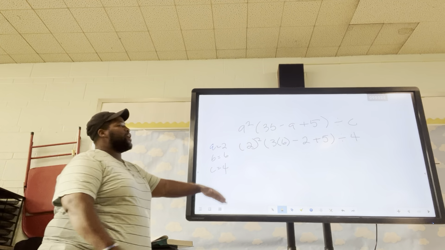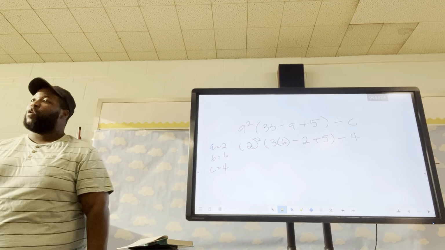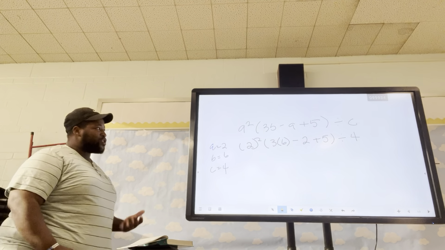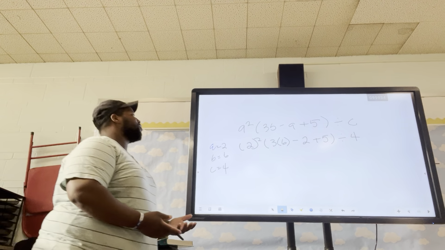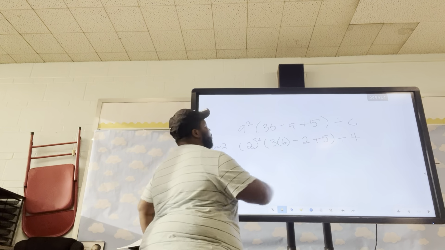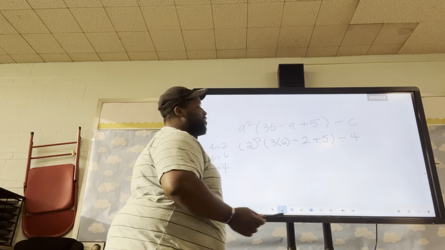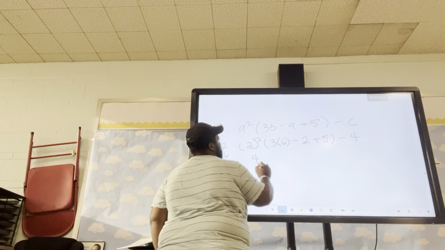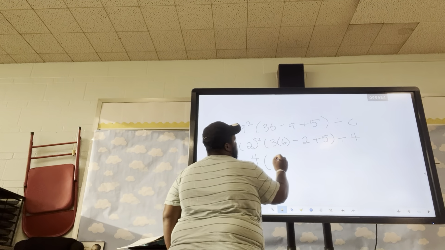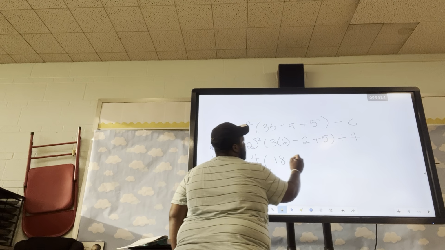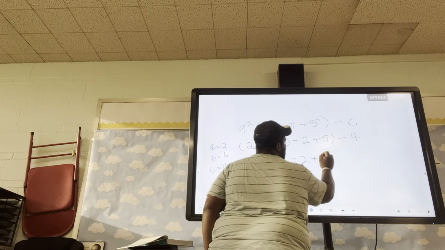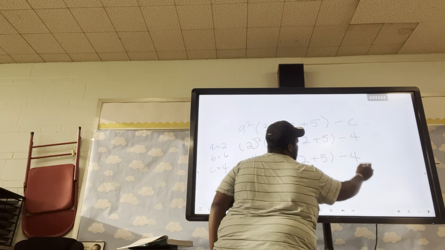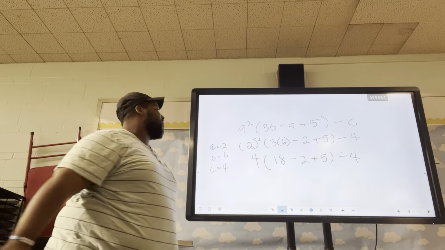Now, once we do this, it starts to look just like that order of operations we were doing yesterday, right? So no one's confused about how to solve the problem at this point, right? Parentheses, exponents, multiplication, division, adding and subtracting from left to right. So we have 4 here, 18 here, minus 2, 5, and we got division on the back.